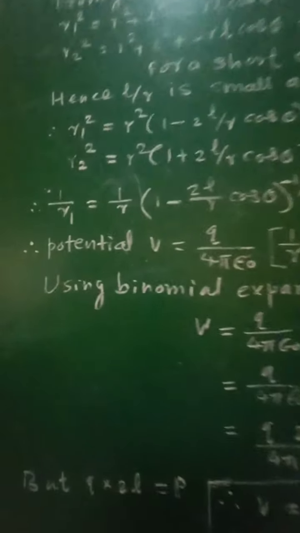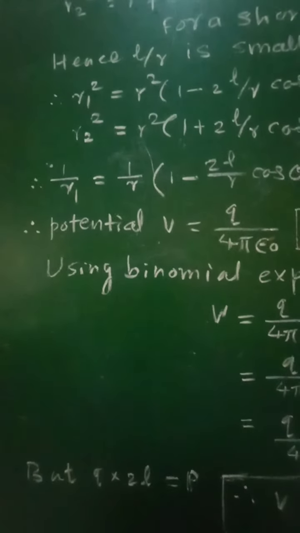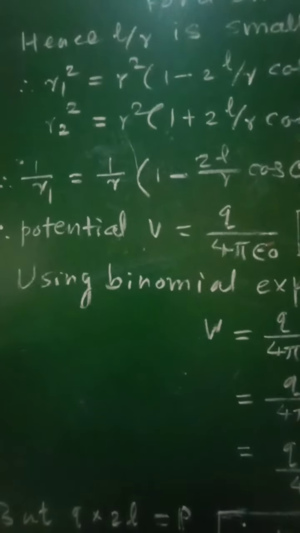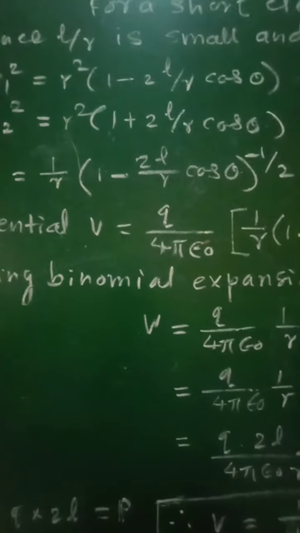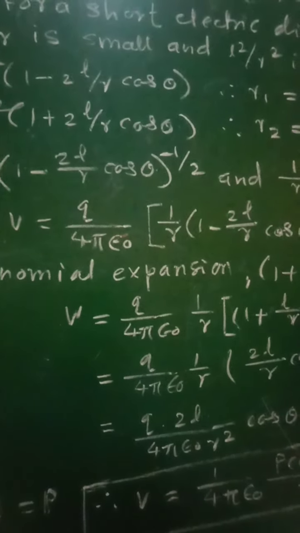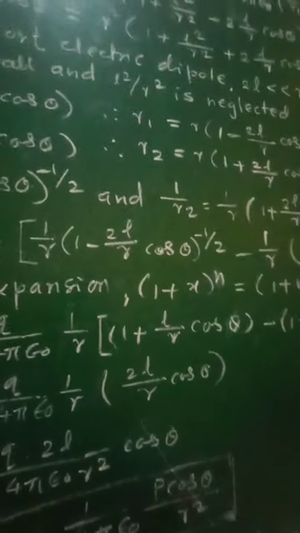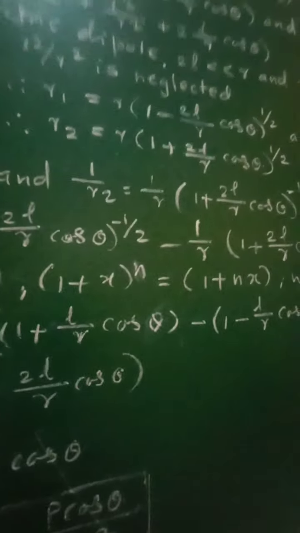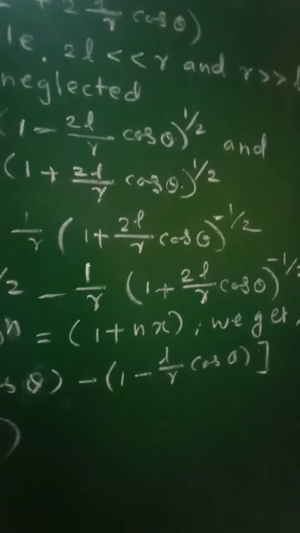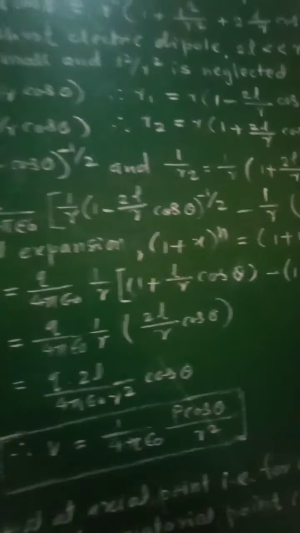Now from this relation we can write 1 upon r1 and 1 upon r2 taking reciprocal. So 1 by r1 will be equal to 1 by r into 1 minus 2L upon r cos theta raised to minus half, and 1 upon r2 is equal to 1 by r into 1 plus 2L upon r cos theta raised to minus half.